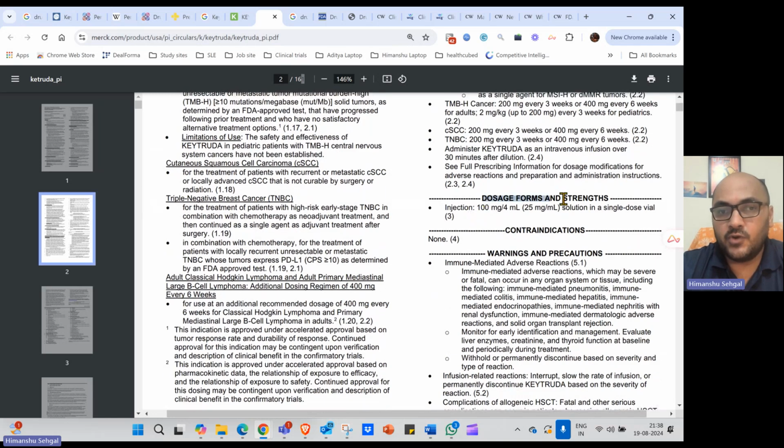Now, dosage form and strength: it comes in an injection which has basically 100 mg per 4 ml, which is 25 mg per ml. So we hope you remember, I just told you about 60 mg. So one needs to calculate how much ml is required for 60 mg basically.